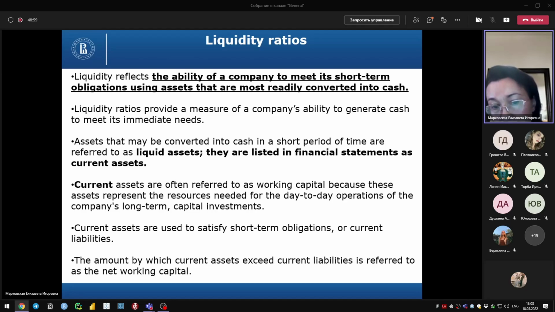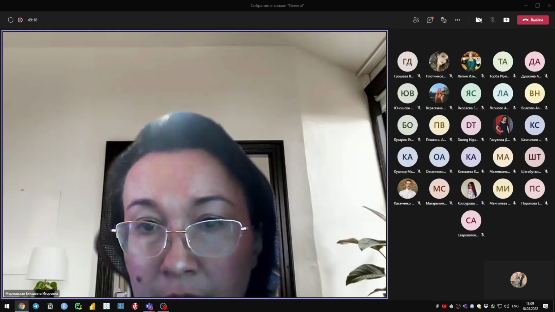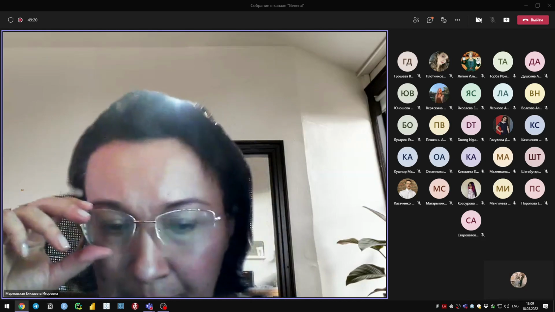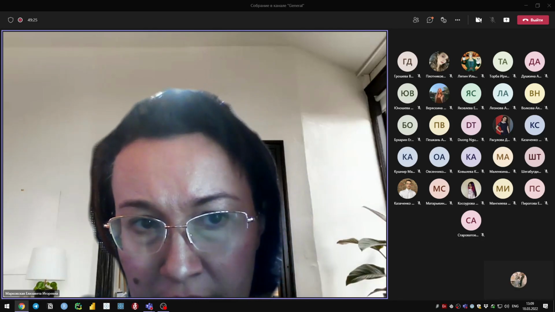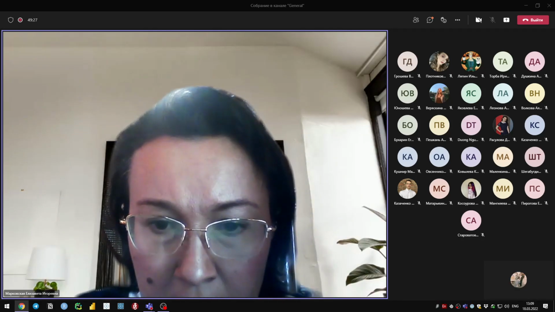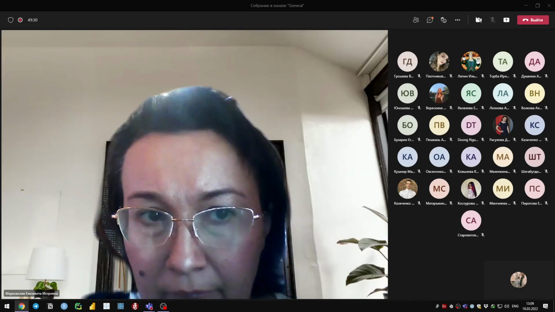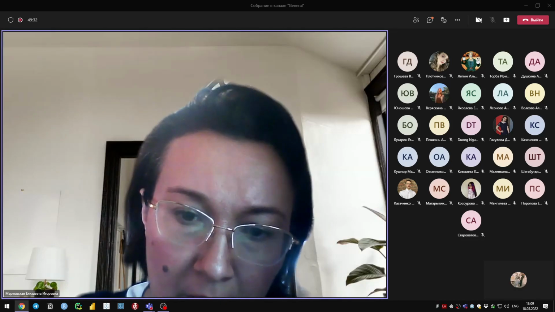And could you give me some examples of the current assets? Use the microphone or the chat box. I'd like to stop for a while in order to look at the chat box. So current assets we use for day-to-day operations, during one operating cycle, or about 1 year.